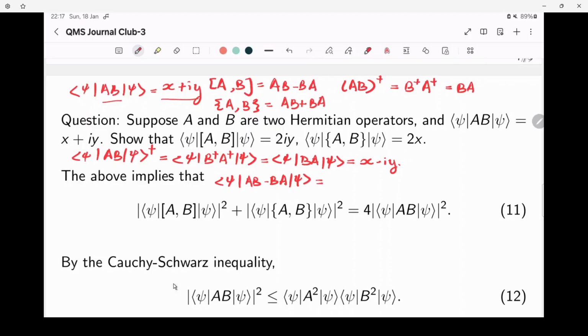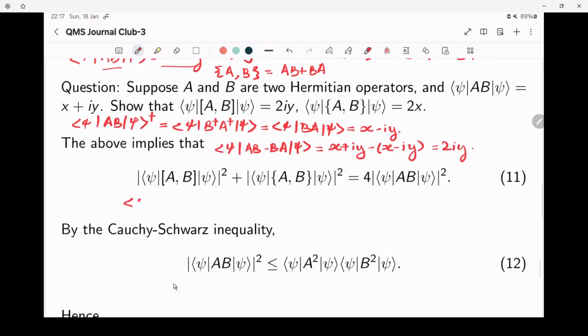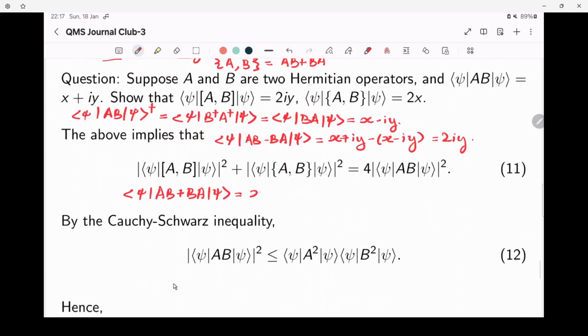It will be x plus iy minus x minus iy, so you get 2iy. If you want to find the anti-commutator, this will be x plus iy plus x minus iy, so you get 2x. So that's how you get these two terms.